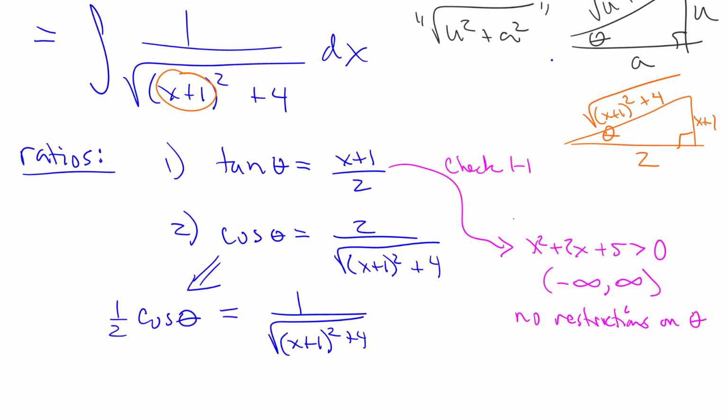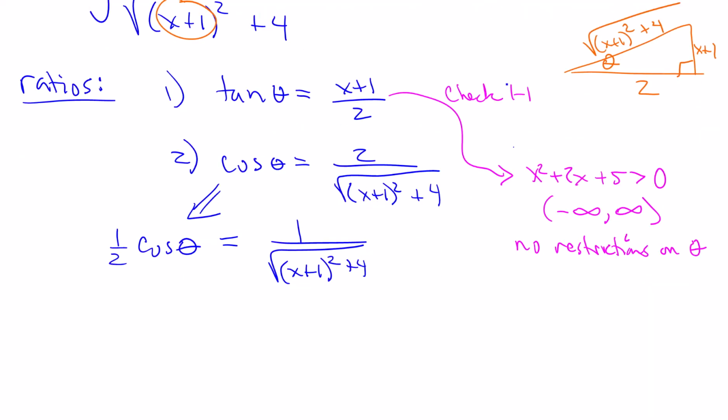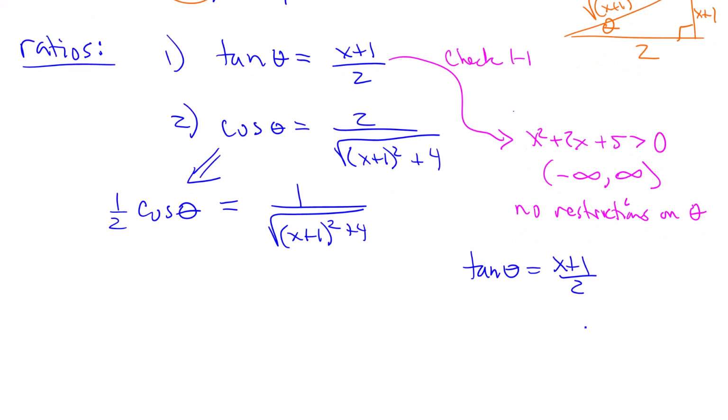So how can we get that in place? Well, notice we have the other ratio, the first one. If I take that first ratio, which was tangent theta equals x plus 1 over 2, we can solve that for x. Multiplying both sides by 2, you get 2 tangent theta, and then subtracting 1 from both sides to get x by itself, we get x equals 2 tan theta minus 1.